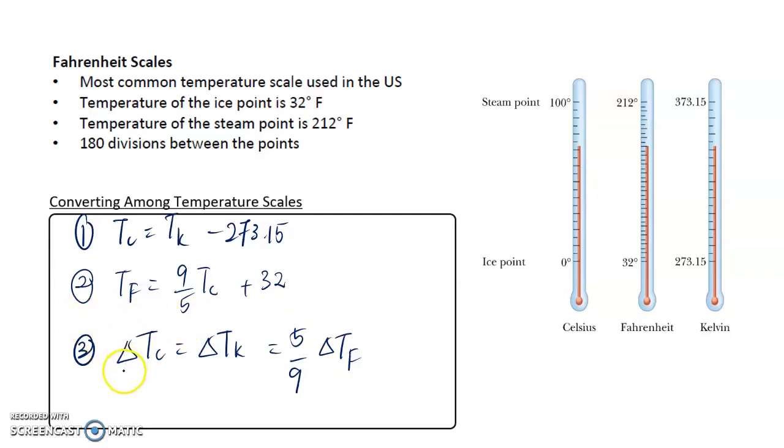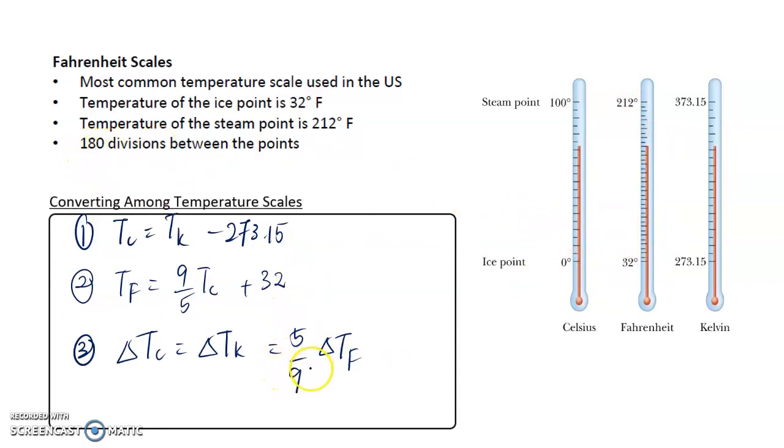This is for the temperature difference, or the change in temperature, since the Celsius and the Kelvin scales have 100 divisions between the 2 points, the steam and the ice point. They have the same scale of 100, meaning that the change in temperature will be the same. However, for degrees Fahrenheit, as you can see here, we have a much smaller scale because there are in total 180 divisions.